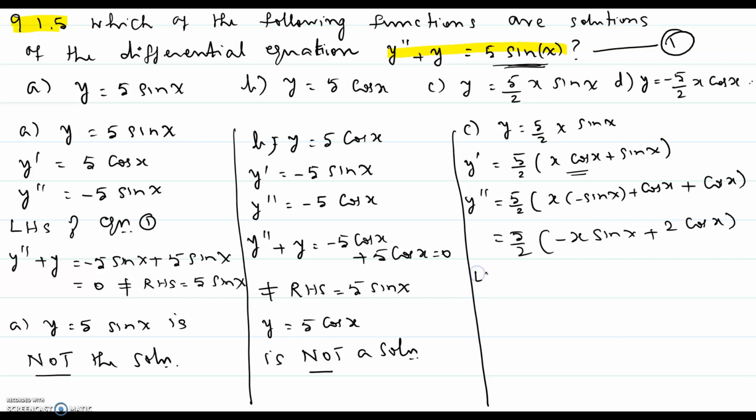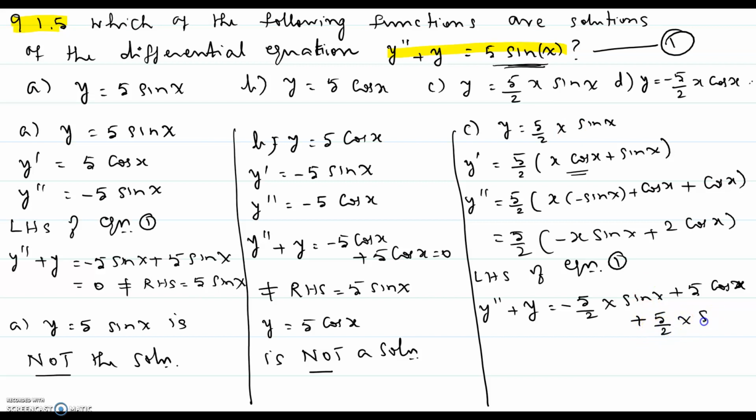If you consider the left hand side of equation 1, which is y double prime plus y, y double prime, if you distribute it, is negative 5 halves x sin x, then it will be just 5 cosine x, as the 2 will cancel out. Plus y, the given function, which is 5 halves x sin x.